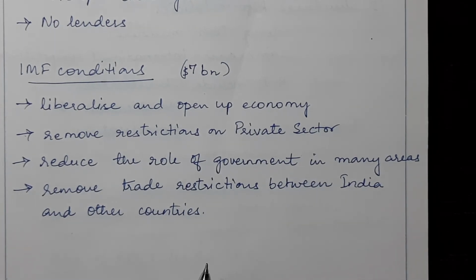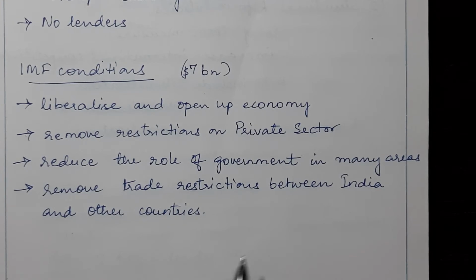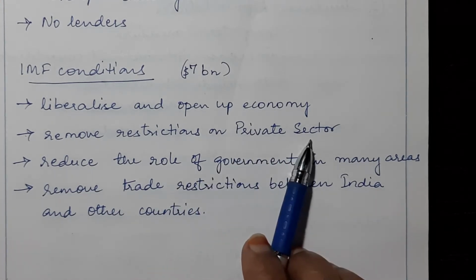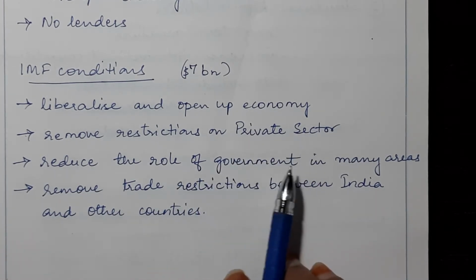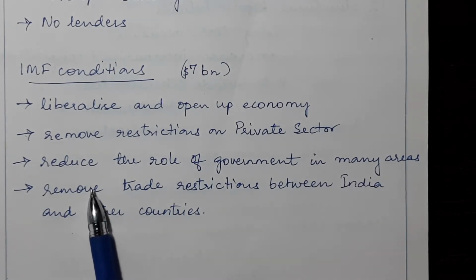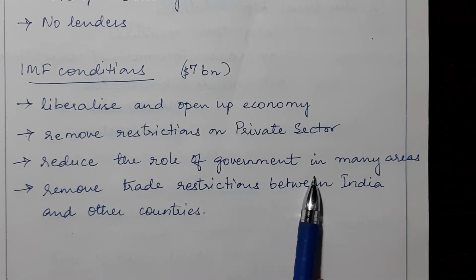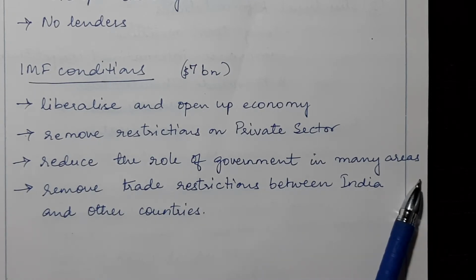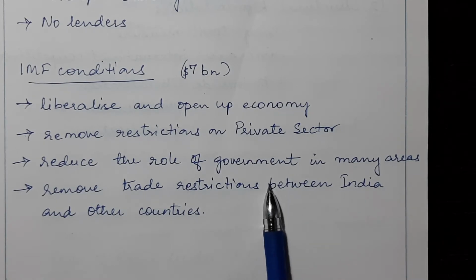Remember, the quantity produced by these industrialists in the private sector was restricted. Now they could produce more. And then to reduce the role of the government in many areas. At the time of independence, government was looking into social welfare.